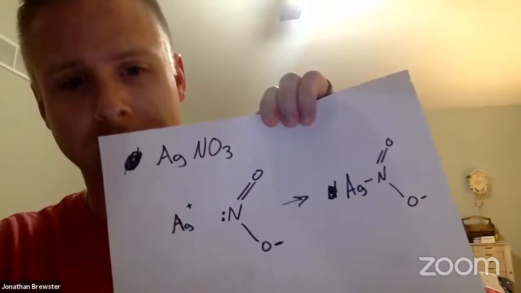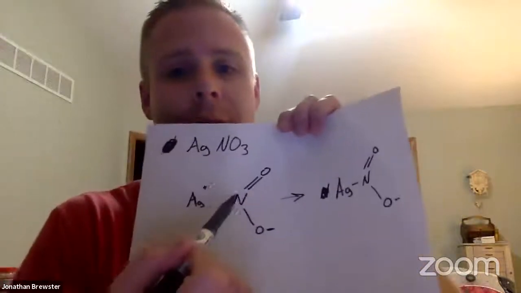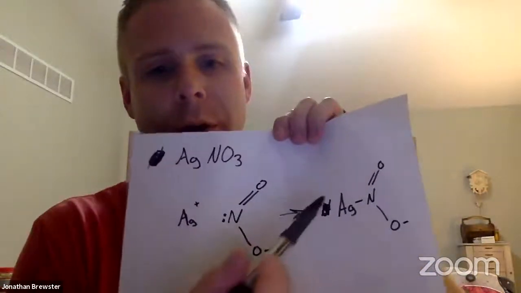And that essentially means that it's got a positive charge. And so the positive from Ag, when those bonds get donated into it, ends up moving over to the nitrogen. It has a positive charge.